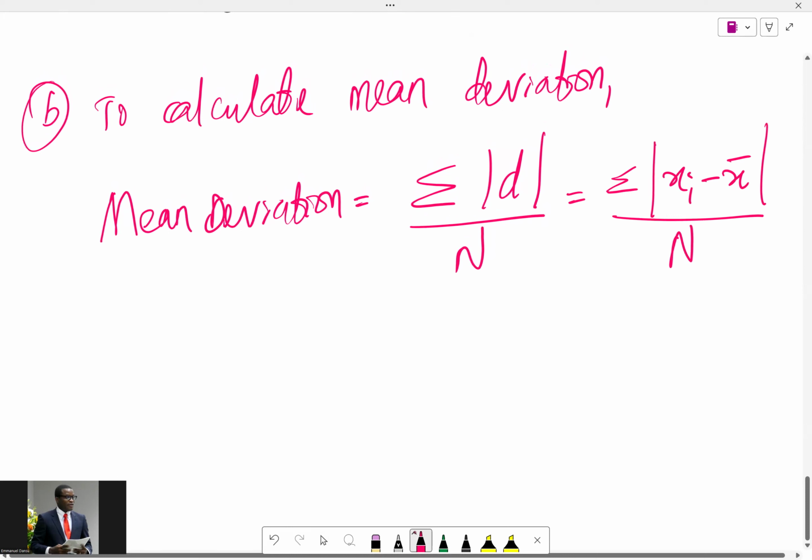So x bar is the mean, and we know x bar is the summation of x over n. That is, add up all the numbers.